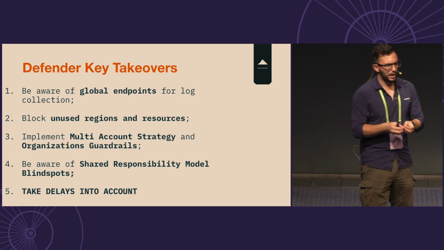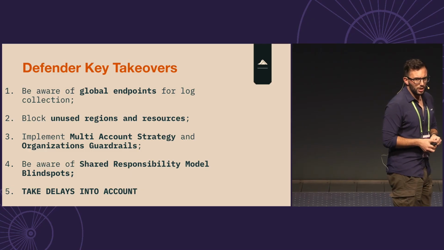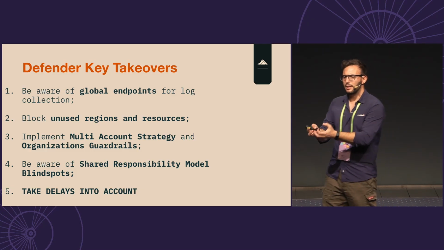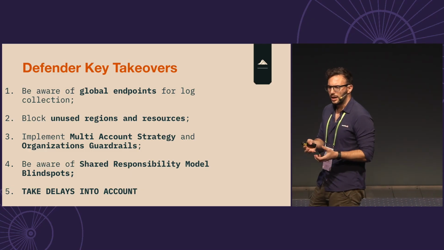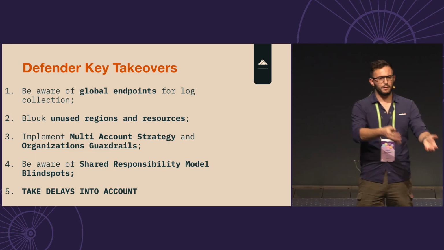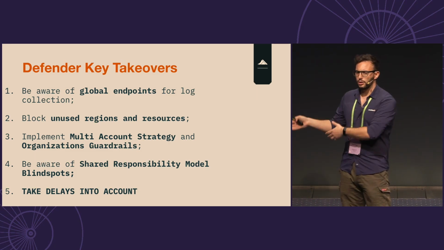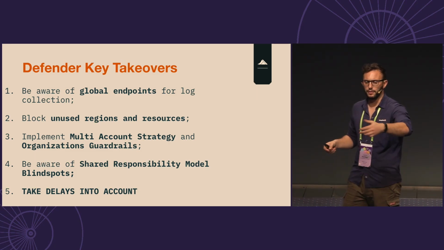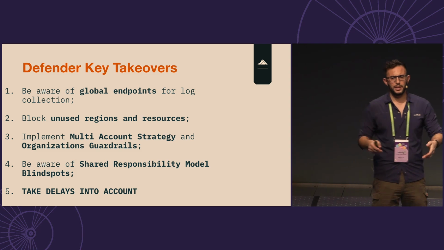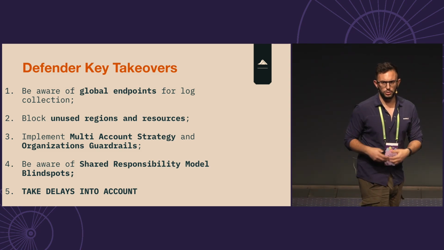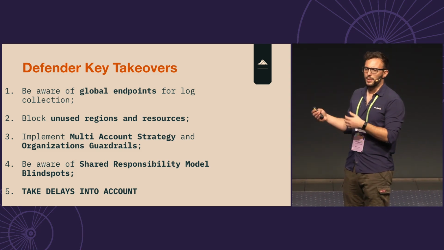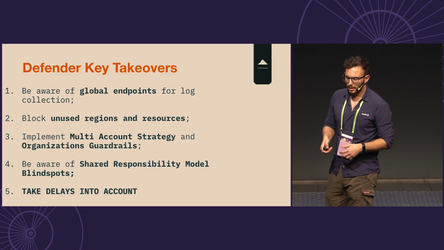And take into account the dev environments also, because maybe the data in the dev environment is not critical, but an attacker can compromise the dev environment to then attack other environments of other organizations, or use it to mine crypto or do things that can impact you in cost.